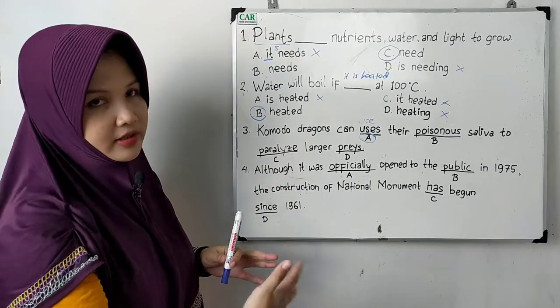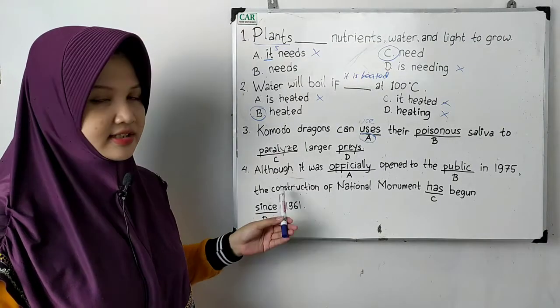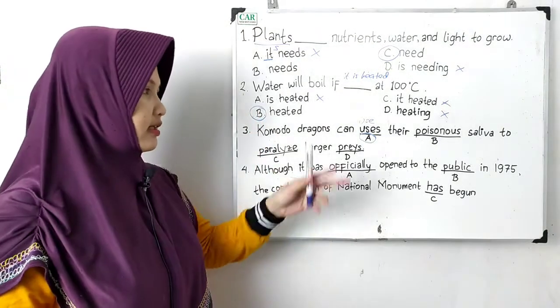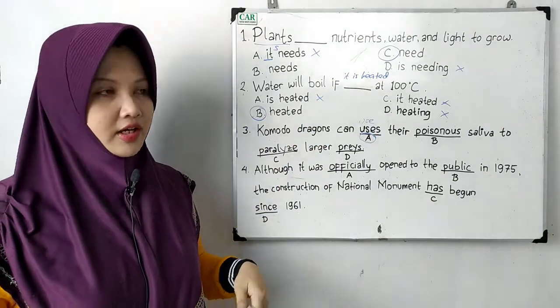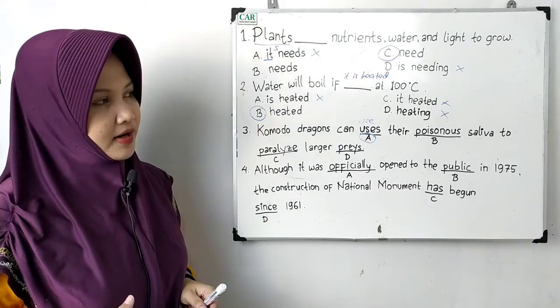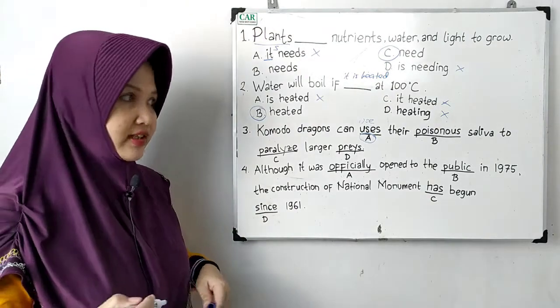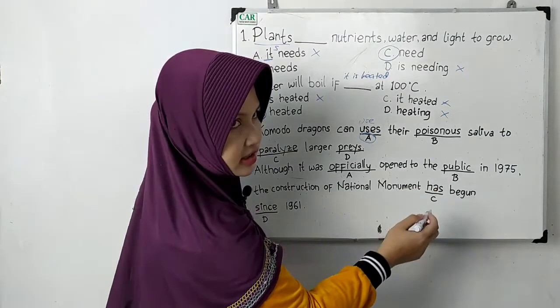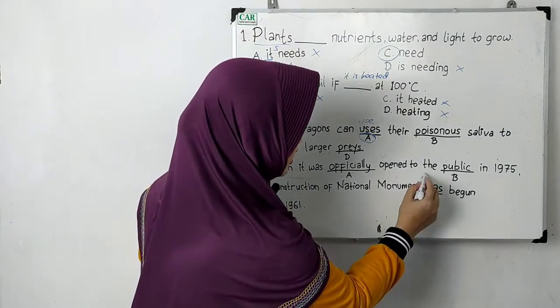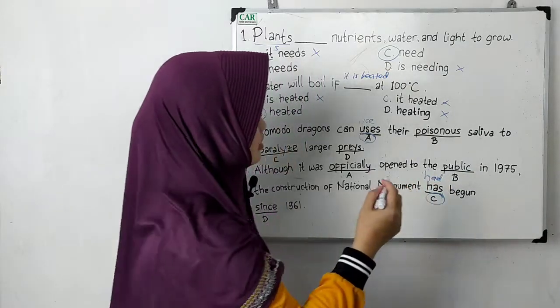Both of them happened in the past, right? But 1961 is further in the past than 1975. So actually this sentence is categorized as past perfect tense. In past perfect tense, there is no has here, but it should be had. So the answer is C.